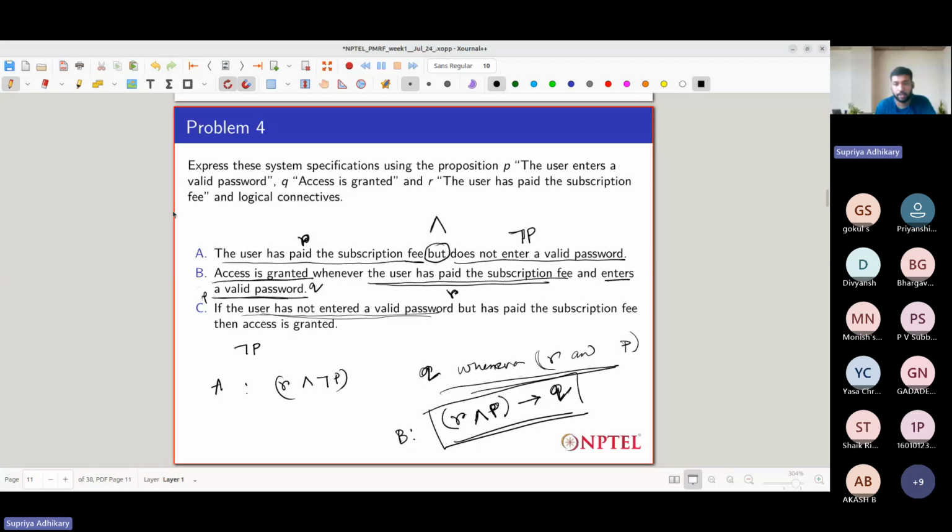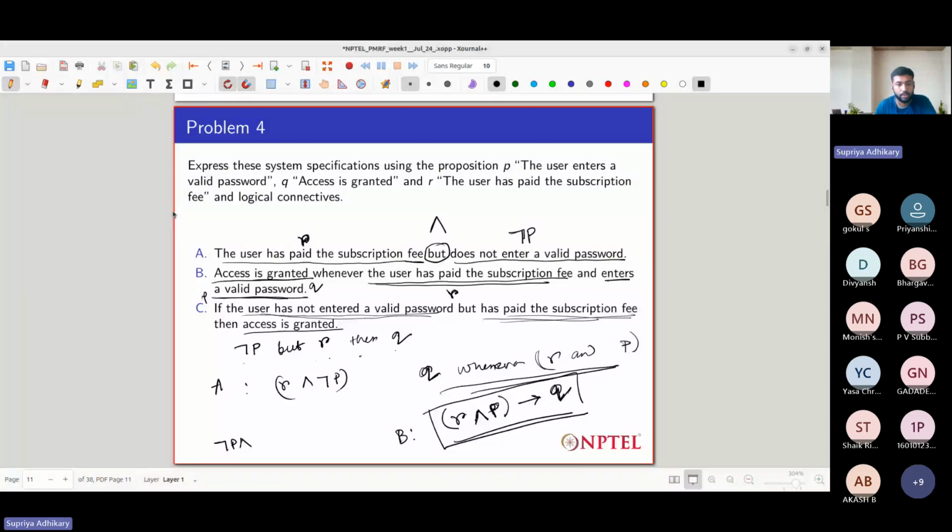User does not enter a valid password, but has paid the subscription fee. So paying the subscription fee, that was our proposition R. Then access is granted. So access is granted is Q. So not P but R, then Q. The word "but" is nothing but our conjunction operation over here.